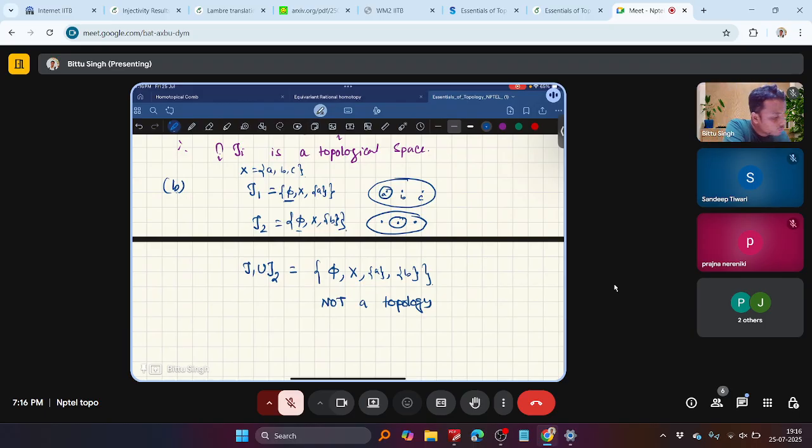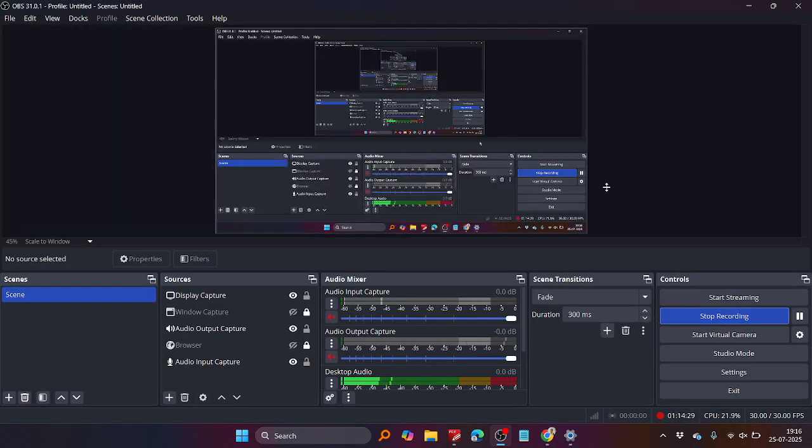So you can see that though A and B are there, the union {A, B} does not belong to tau 1 union tau 2. So the union of two topologies may not be a topology.